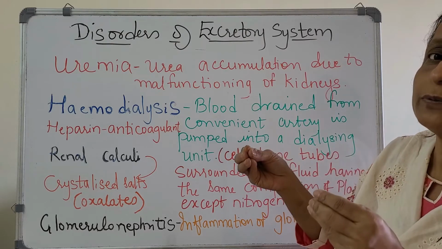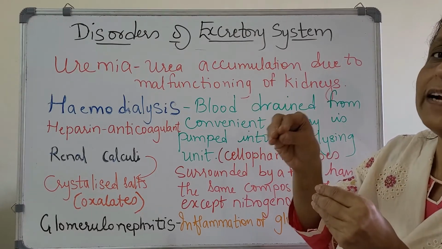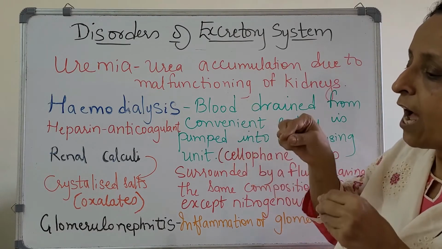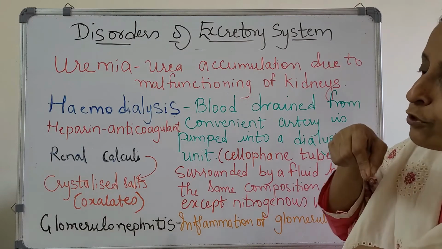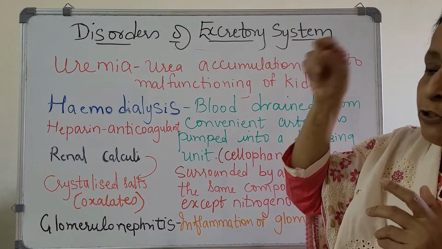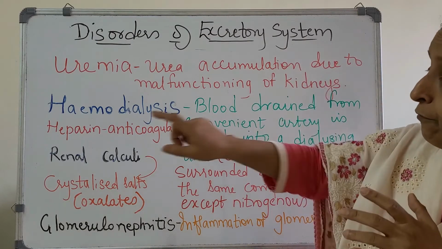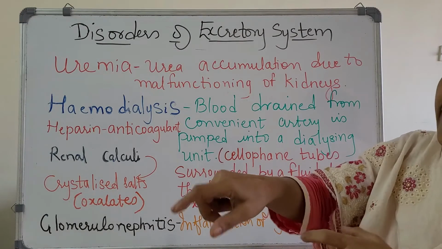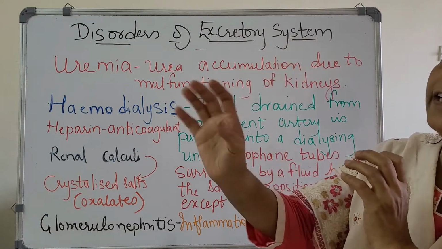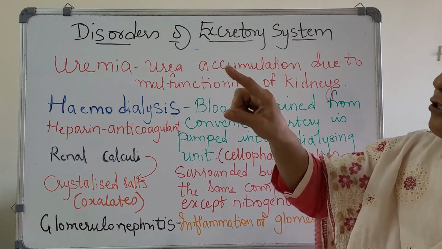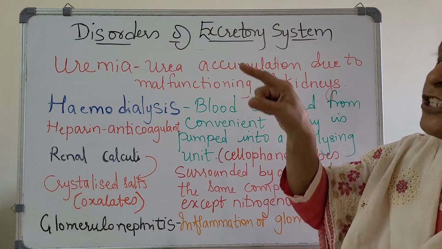Now the blood inside is free of waste, and through a different tube it has to be put back inside the artery. First heparin is added, the anticoagulant. Now anti-heparin has to be added when it is pumped inside the artery. So this is how the circulation takes place.